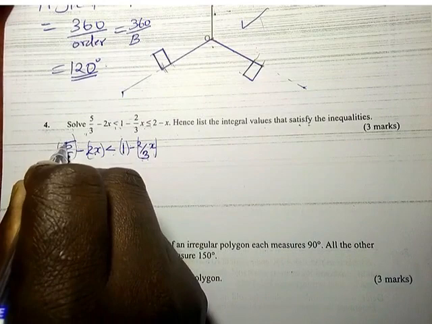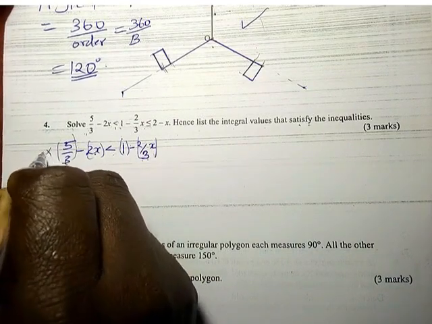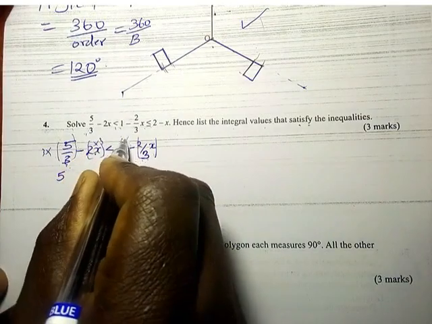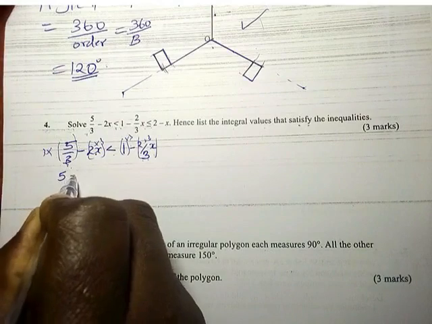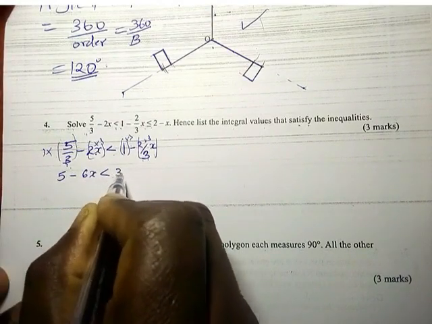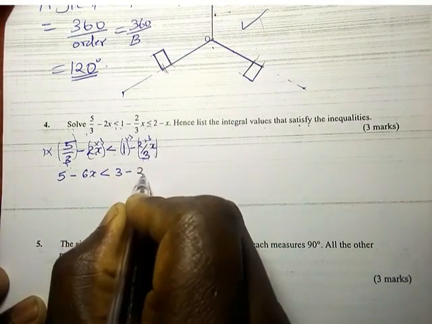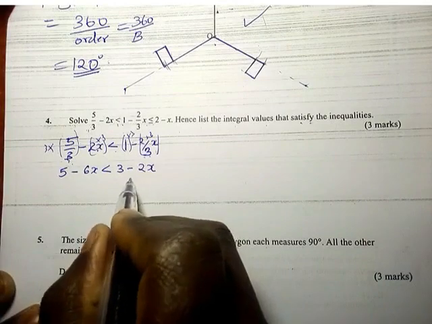So if you multiply here, times 3, we will have 5. Times 3 here, times 3 here, times 3 here. So we will have 5 minus 6x is less 3 minus 2x. Now hatuna fraction tena. Umeona? The next thing is like terms together.